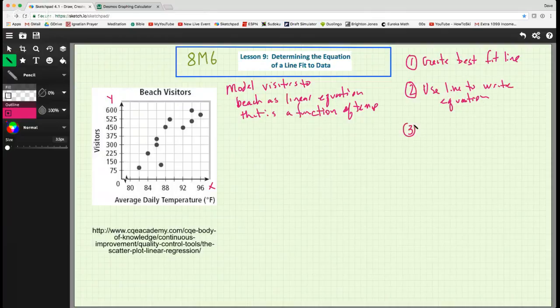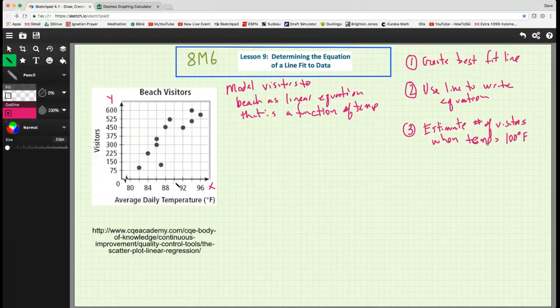And then 3, in this case, we're going to estimate the number of visitors when temperature equals 100 degrees Fahrenheit.